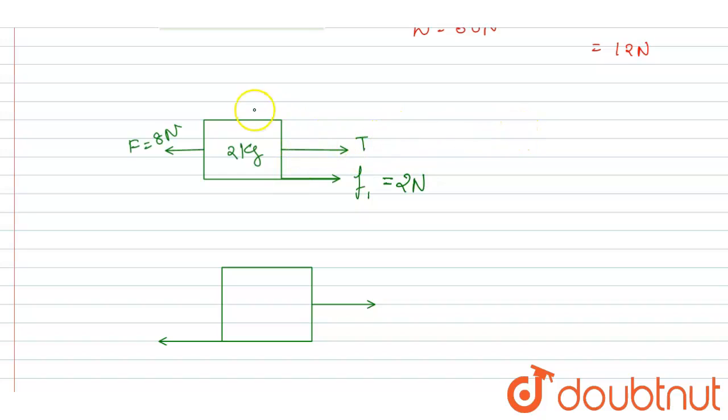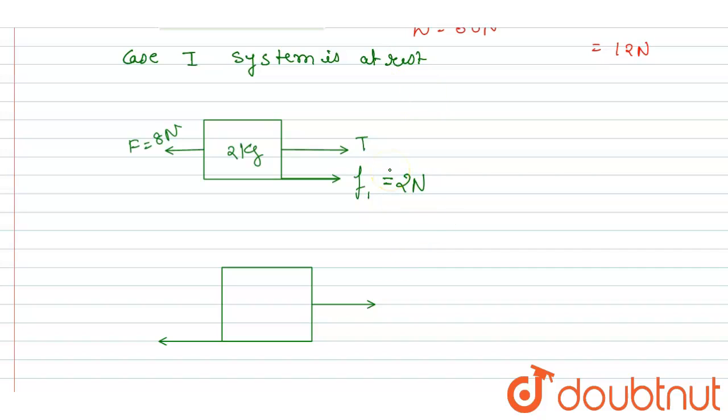If you see here, we are checking the condition. We took case 1 that the system is at rest. There is no relative motion. So for that, let us see whether the condition is being fulfilled.